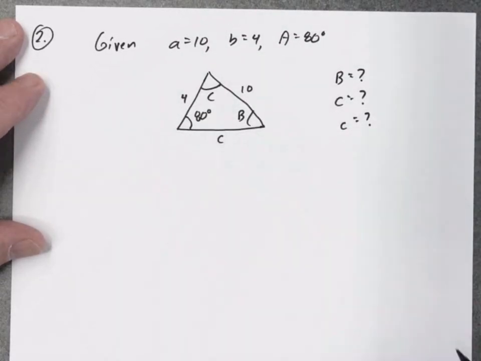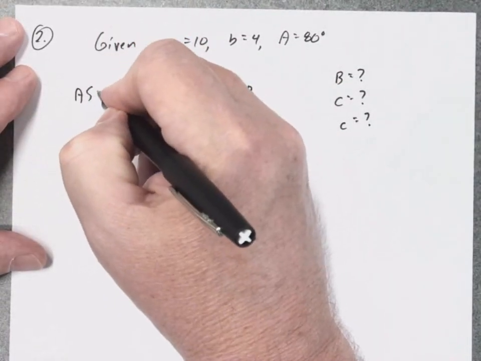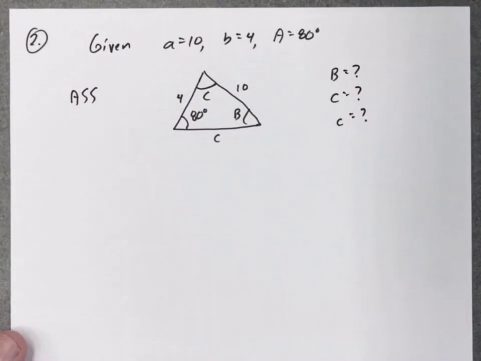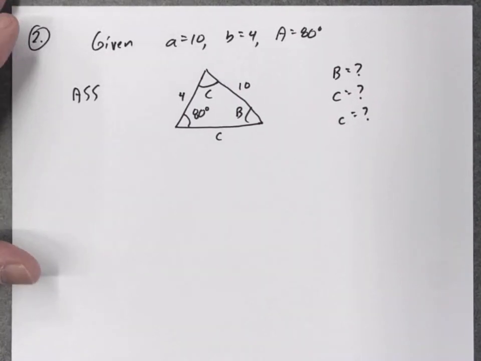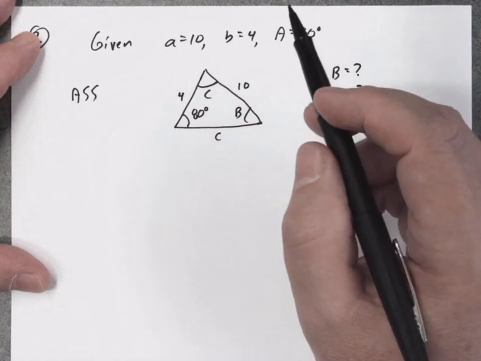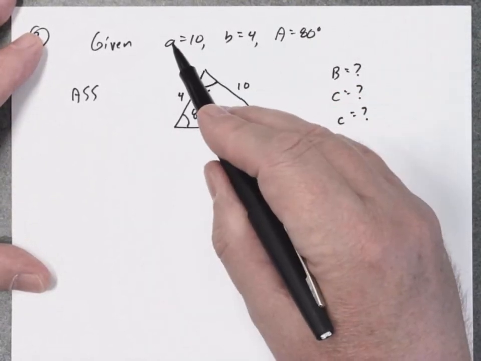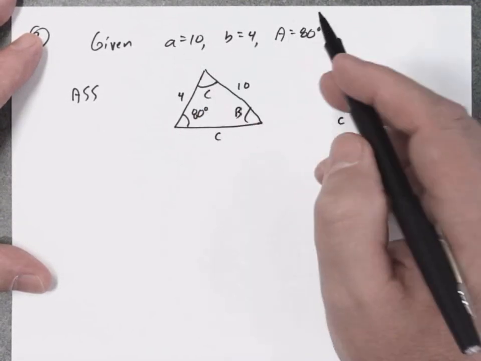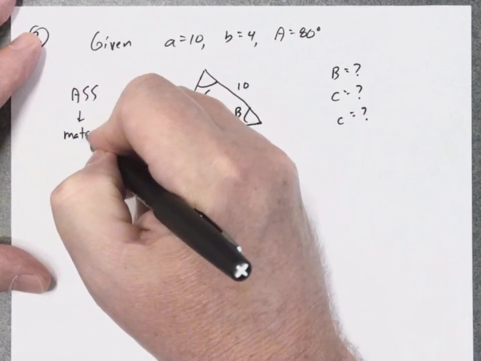So what have we been given? This is a case I call the ASS case. And remember, ASS cases can have lots of ways to solve them. I ask myself, is it matching or non-matching? Matching means I have side A and angle A, the same letters used twice. So I call this matching.